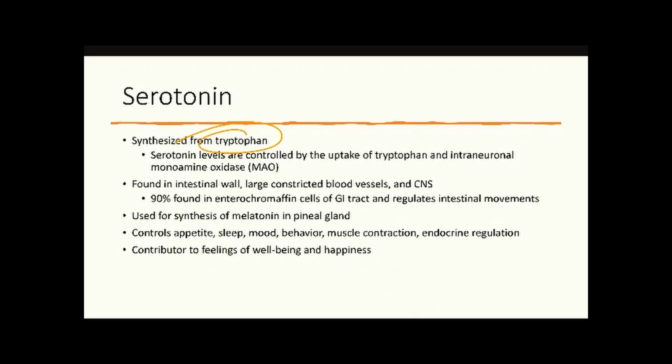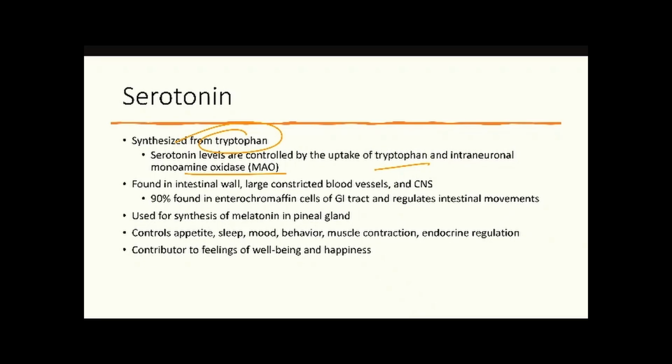So serotonin levels are controlled by the uptake of tryptophan and the MAOs, the monoamine oxidase. So if we give a drug, monoamine oxidase inhibitor, what's going to happen to your levels of serotonin? Go up. Increase. Because we're inhibiting the enzyme, which breaks down serotonin.